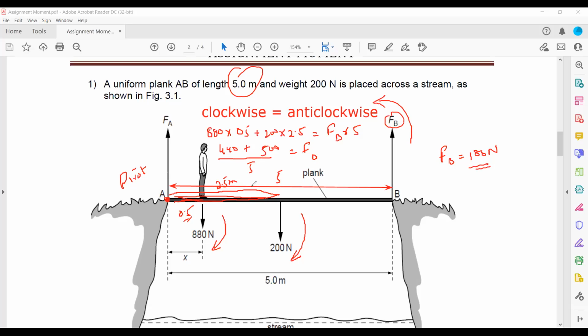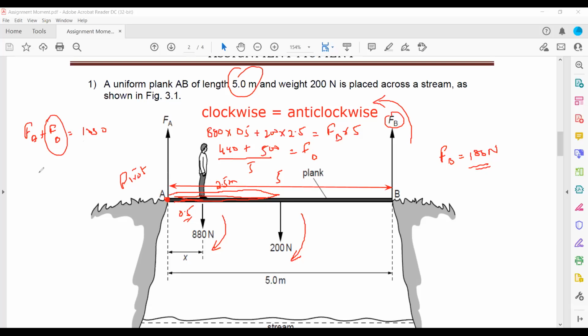Is this part clear, how we work out the vertical FB by using the principle of moments? Then how to find FA? We know FA plus FB is equal to 1080.